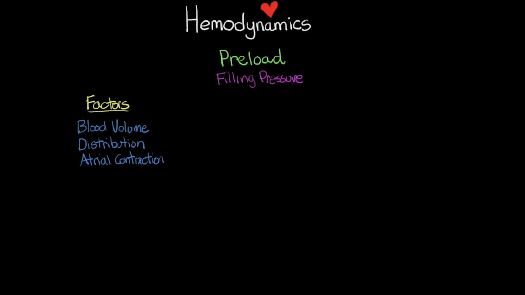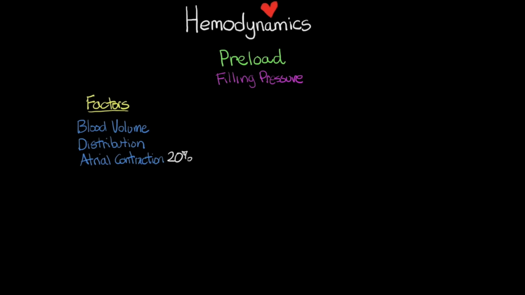As we know, when the atria contracts, it forces that last bit of blood into the ventricle, really filling it prior to contraction. And this atrial kick can actually account for as much as 20% of our stroke volume. So if our atria is not beating in synchrony with our ventricle, for example, in a fib or a flutter, then we're not going to get that good atrial kick and we'll have an impact on the preload.